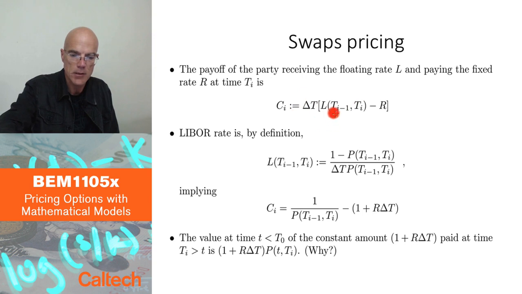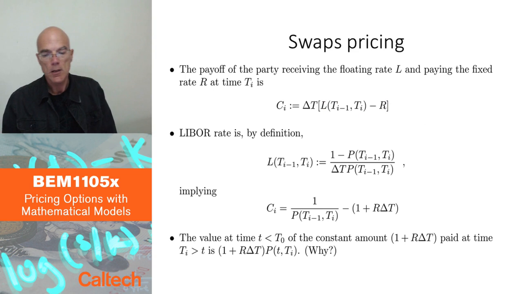There is a LIBOR rate during that period, L of ti minus 1, ti. It's random, but it's known at the beginning of the period. And then at the end of the period, the long party gets the random rate, but pays the fixed rate R. It's just an exchange of the random rate for the fixed rate.